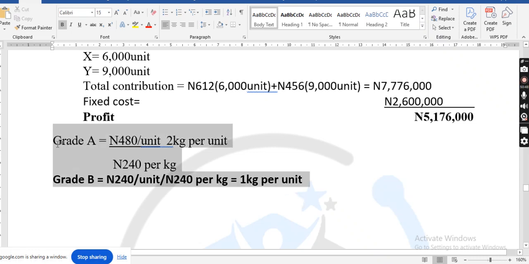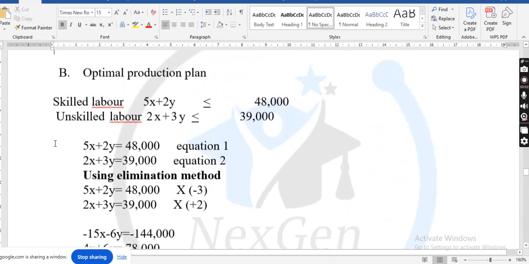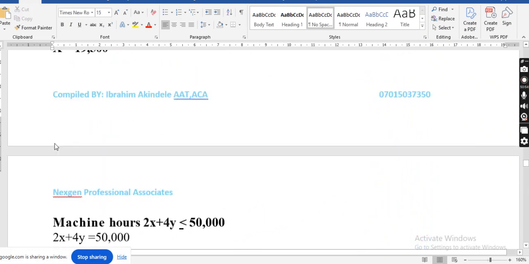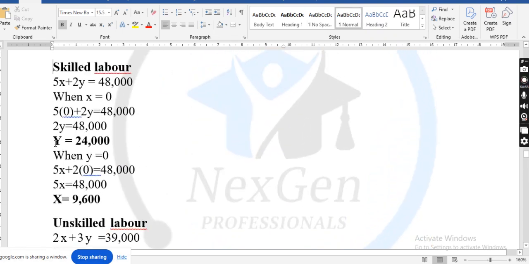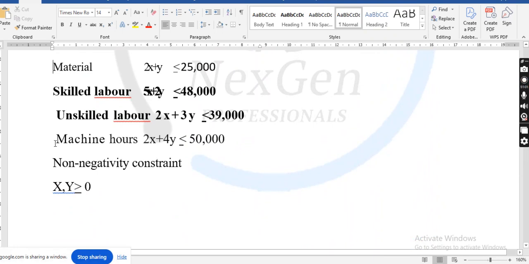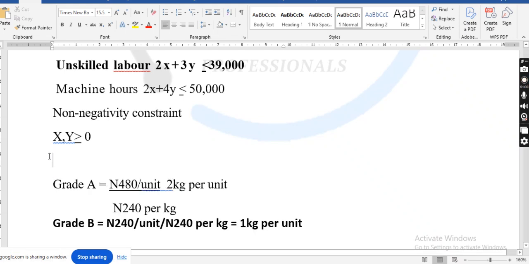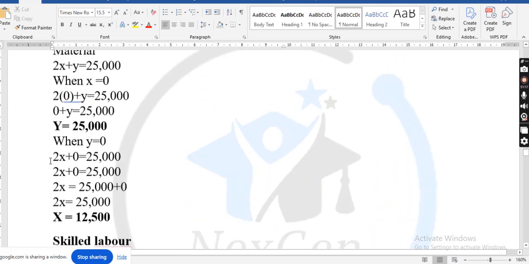Alright, so let me explain. Some will think it is part of the listing, so let me just write the working. Or you think it is part of the formulation.